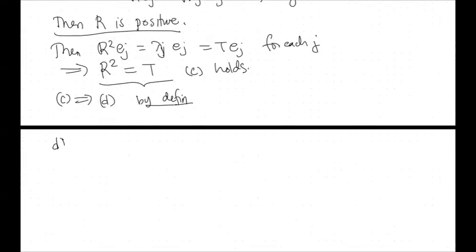Now, suppose D holds. And then what is D? D has a self-adjoint square root. So there exists an R such that T is R squared, and this R here is self-adjoint.